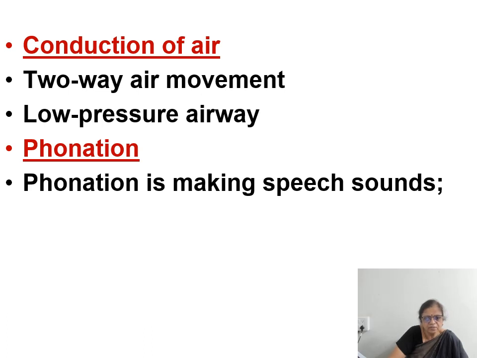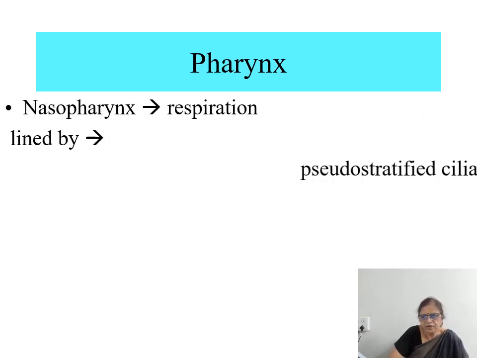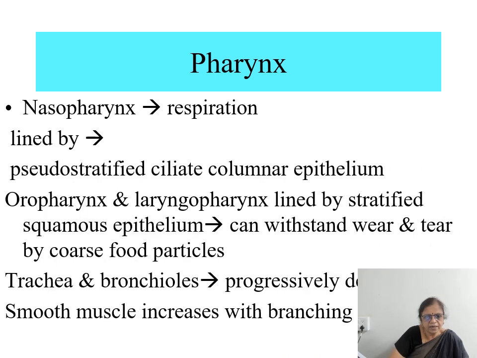The larynx and vocal cords are present at the junction of the larynx and trachea. Phonation is one of the main processes, which we do during expiration. The next part is the pharynx. It is covered by the epiglottis, and it helps in passage of air in both directions. In front we have the larynx and at the back is the esophagus.